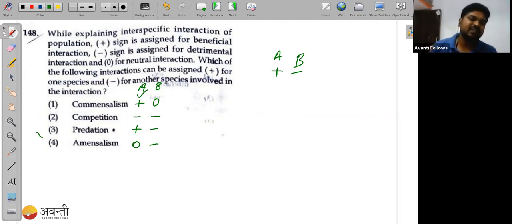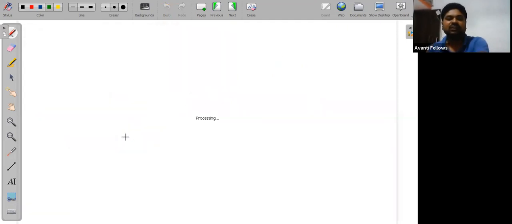That's why predation is the correct option from this. Okay, if parasitism option is there, then predation and parasitism both options are right. अगर यहाँ पर parasitism होता तो.